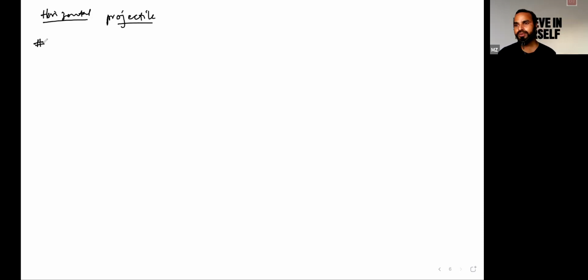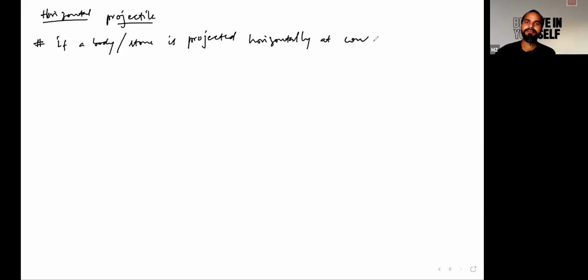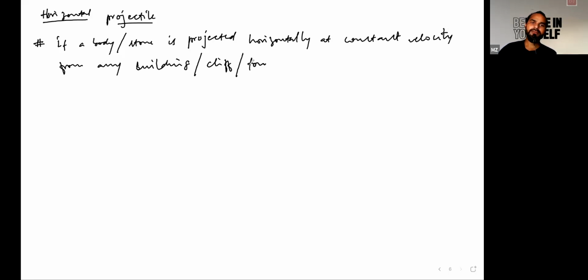If a body or a stone or any object is projected horizontally with constant velocity from any building, cliff, tower, or anything, or if a body is dropped from any horizontally moving body, let's say any aircraft, any vehicle, and so on, then its motion would be regarded as horizontal projectile.